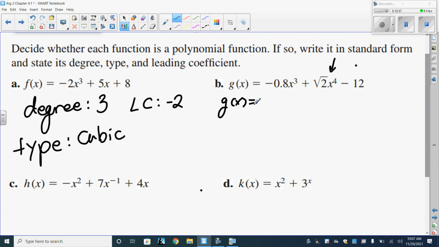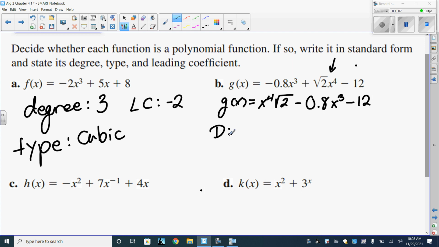I'm going to rewrite it as x to the fourth times the square root of 2. We can reorder that. That's not bad. It's just a little awkward having the square root of 2 in front. Most would write the square root of 2 in front just to have it in proper notation, but we can have it this way as well. Then we'd have minus 0.8x to the third minus 12.